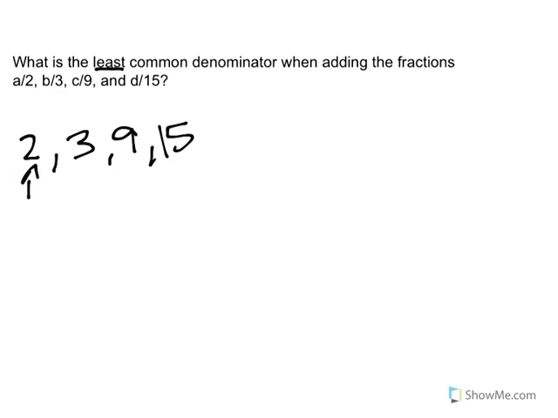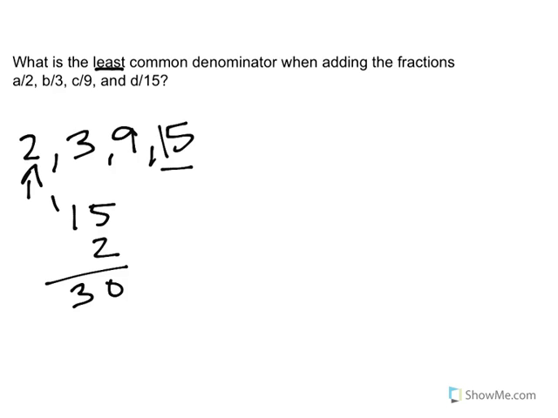We know that this number has to be even because it has to be divisible by 2. 15 is our biggest number, so we should try to find what the multiples of 15 are that are even numbers. Let's try 15 times 2. 2 times 5 is 10. 2 times 1 is 2, plus 1 is 3.